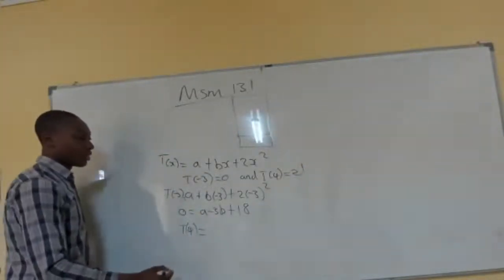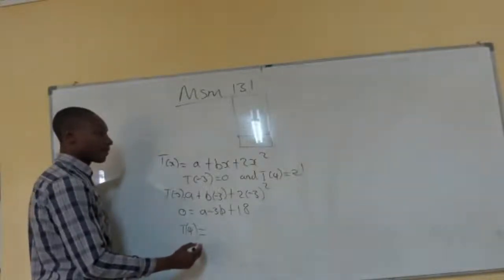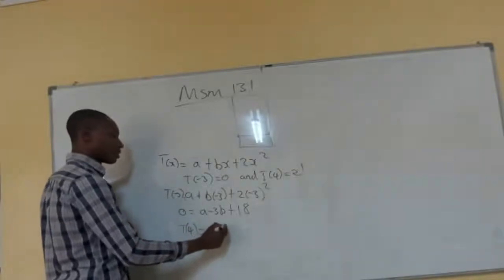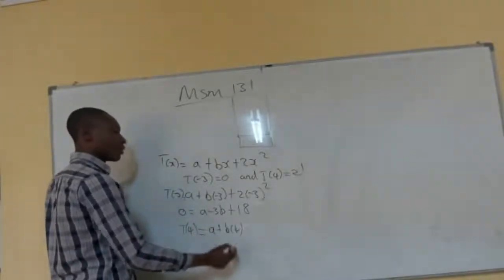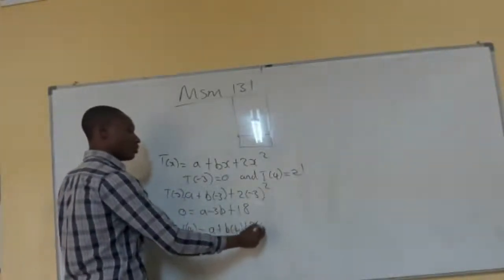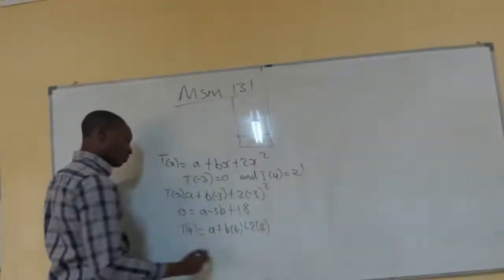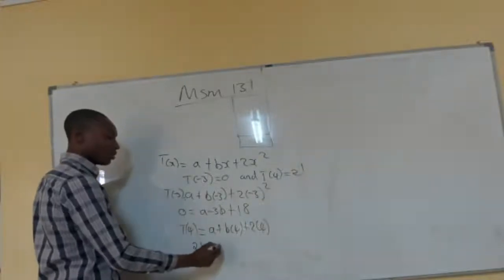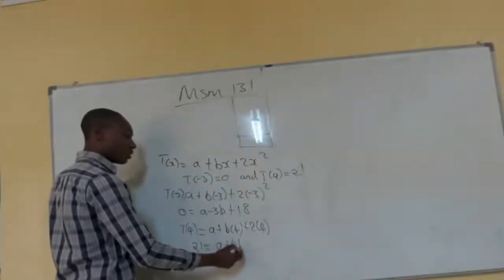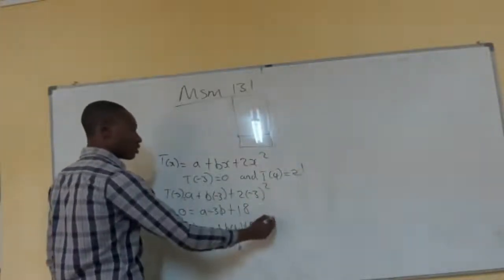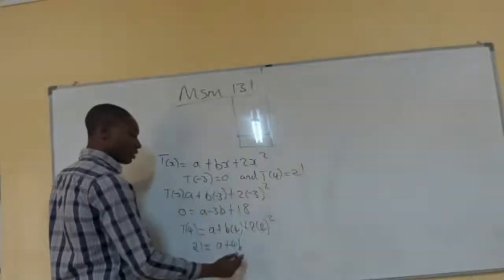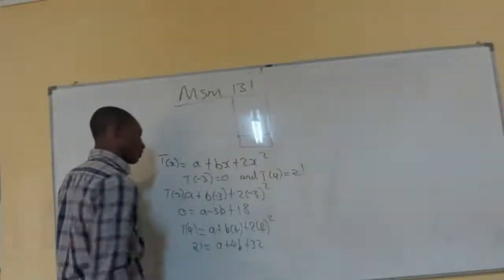T of 4 is given as A plus B times 4 plus 2 times 4 squared, which is actually equal to 21. So we have 21 is equal to A plus 4B, plus 2 times 16, which is 32.